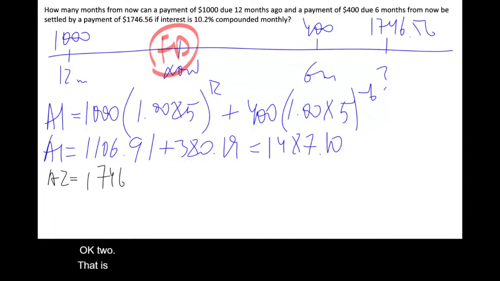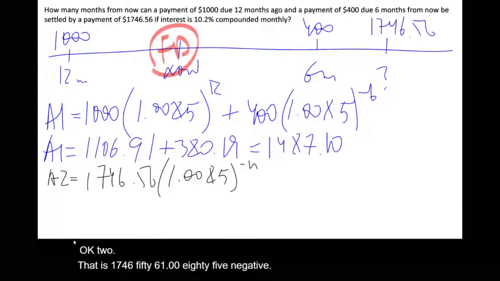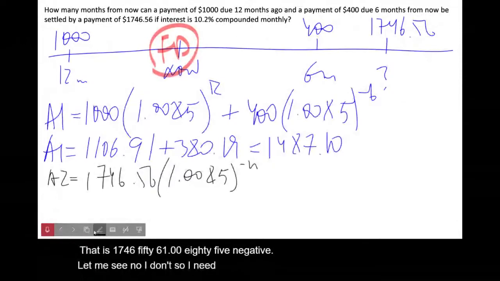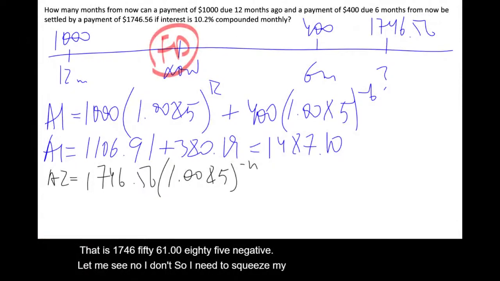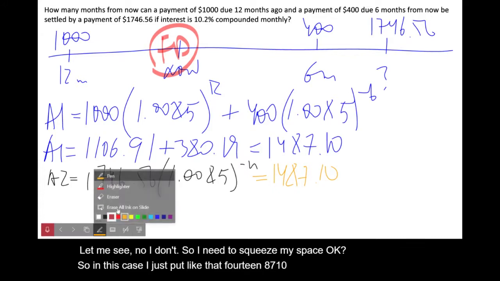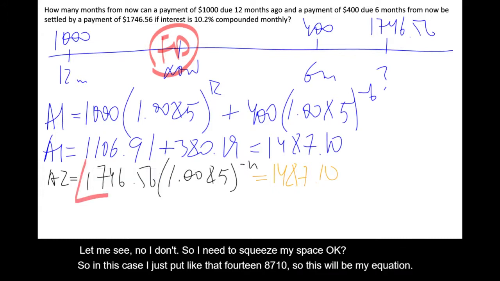That is 1746.56, 1.0085 to the negative n. Let me see. No, I don't. So I need to squeeze my space. Okay. So in this case, I just put like that 1487.10. So this will be my equation, right?